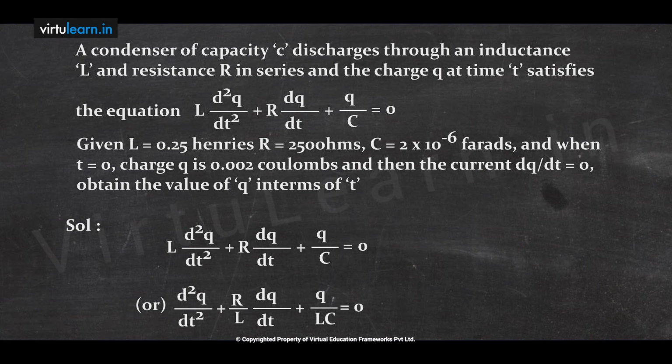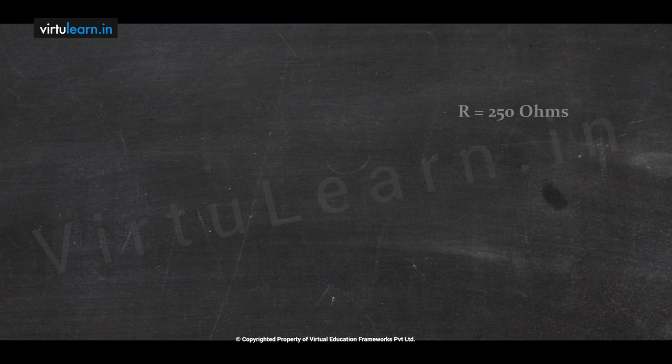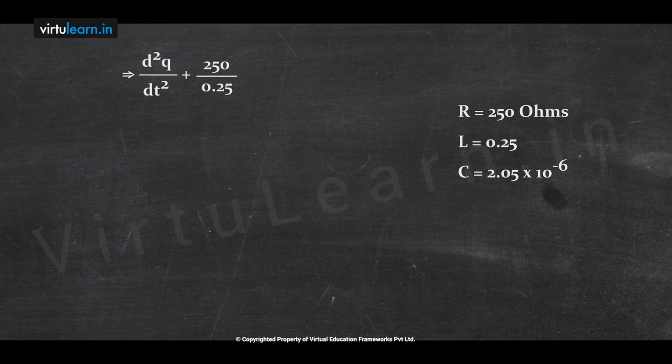Now substitute all the values: R equals 250 ohms, L equals 0.25, and C equals 2 into 10 to the power of minus 6. Then d square q by dt square plus 250 by 0.25 dq by dt plus q by 0.25 into 2 into 10 to the power of minus 6 equals 0. Since the right-hand side is 0, there is no need to calculate the particular integral. Therefore the complementary function is the general solution for this problem.